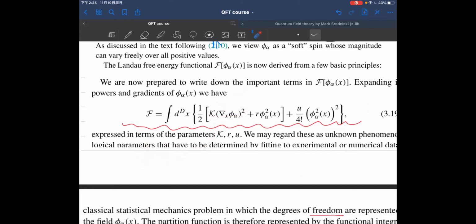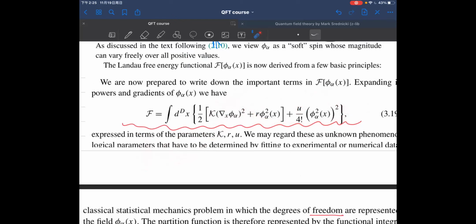So it's better to take the field to be constant. When you take a constant field, you just need to consider these two terms. The quartic term must be positive, because we need the free energy to be bounded below.